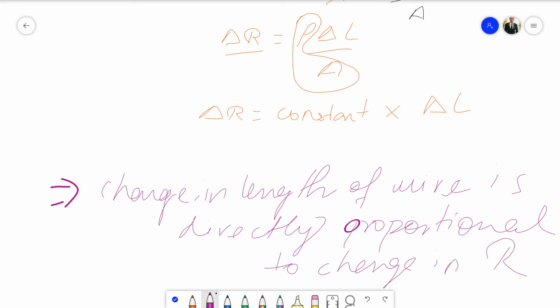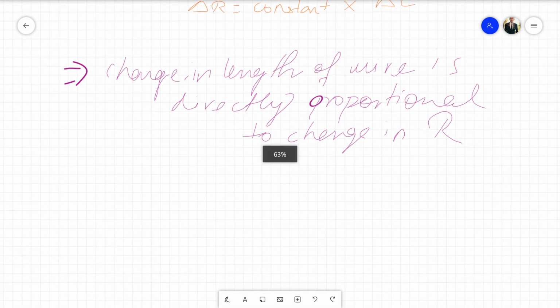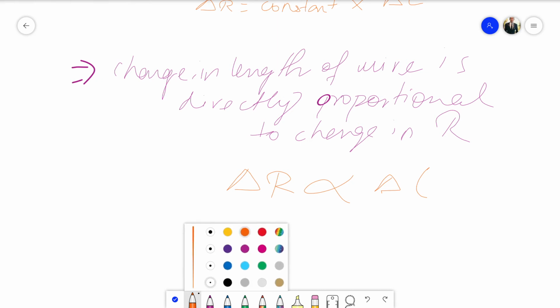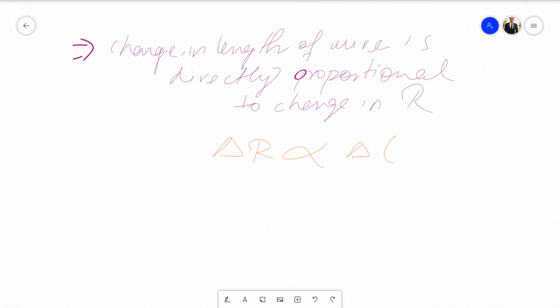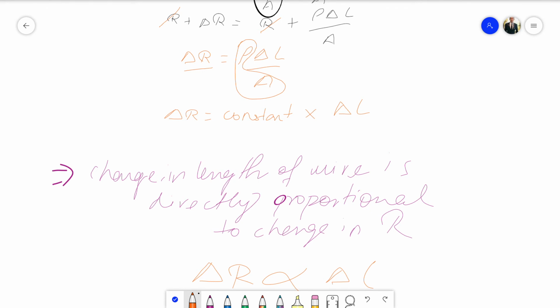I just write R here, don't get confused. So delta R is directly proportional to delta L. When the change of length increases, the resistance also increases. This is very simple. All you have to know is how to use this formula in calculations or in an exam. If you are asked to find the change of resistance, you can use this formula to calculate it.